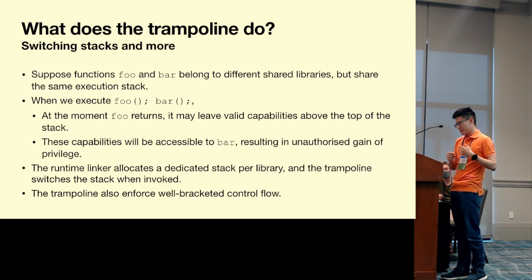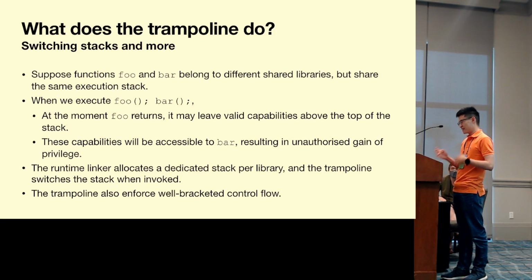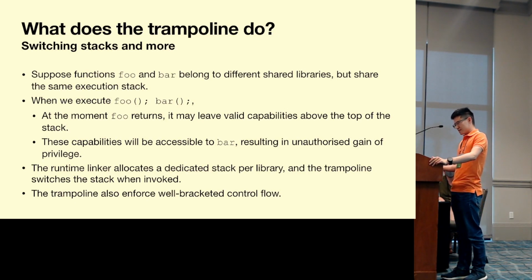Now, when we enter bar again, bar will be able to access these leaked capabilities from foo, and thus gain unauthorized privilege. So my solution to this is to simply switch the stack used by foo and bar within the trampoline. So we allocate a dedicated stack per library, and the trampoline will switch the stack when it is invoked.